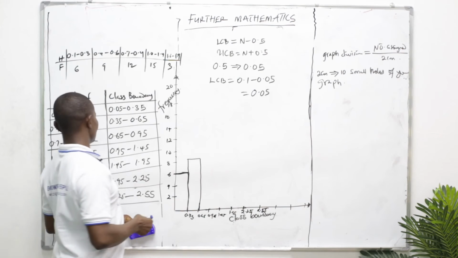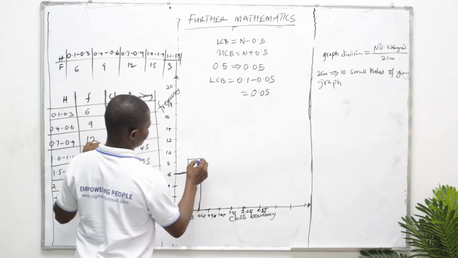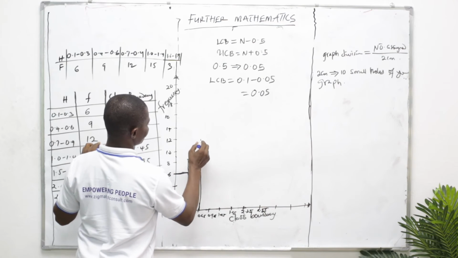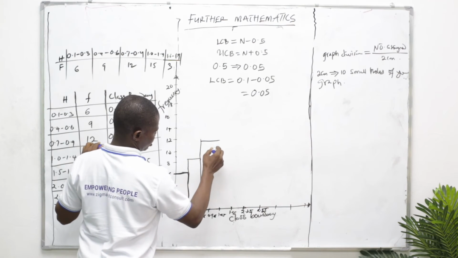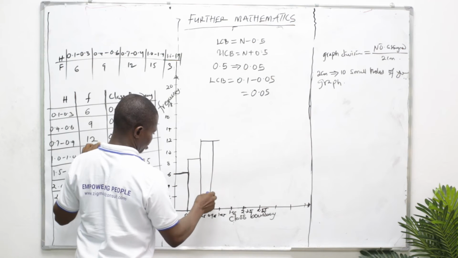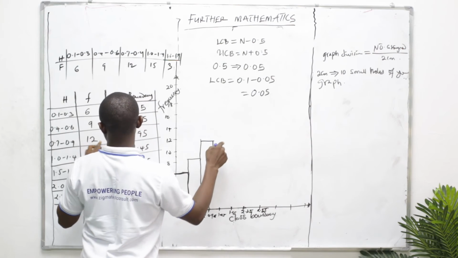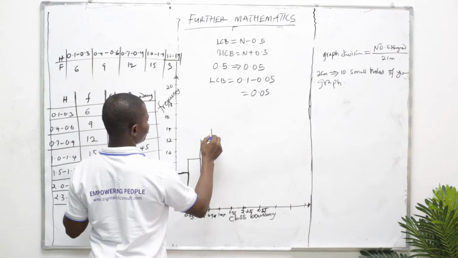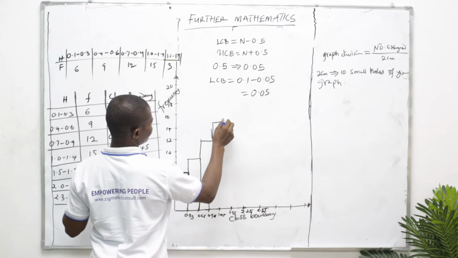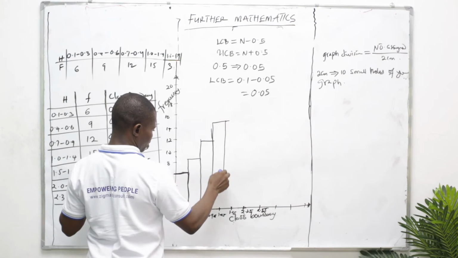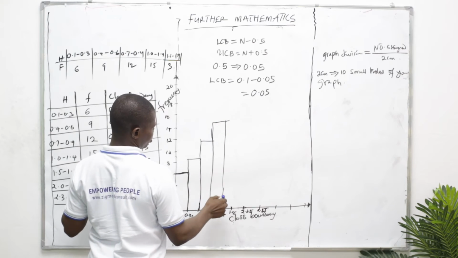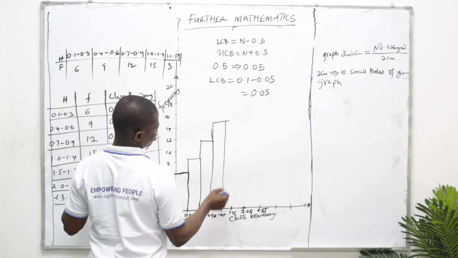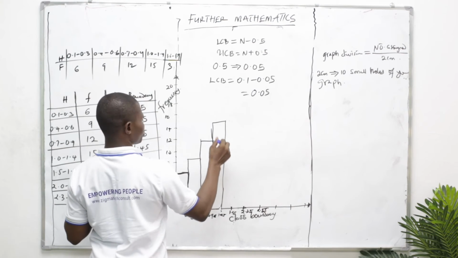So the next here is 12. The same way, this is your 12. You got to count down. The next is 15. It will move to 15. It will still come down. Then the next is 3.